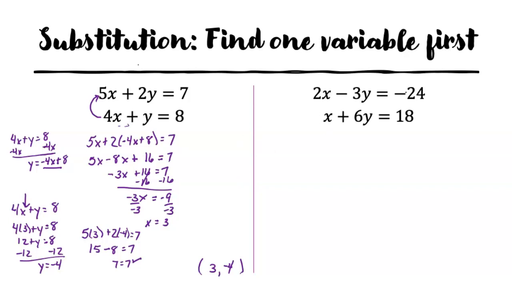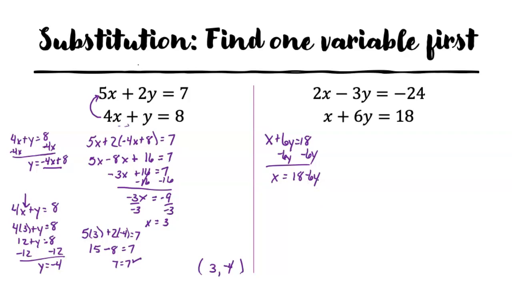All right, next one. 2x minus 3y equals negative 24. Yep, still in standard form, and I need a variable all by itself. Remember, coefficient of 1, if possible, and I have that right here. So I'm going to solve not for y this time, because the x has a coefficient of 1. So I'm going to subtract the 6y to the other side. And x is going to equal, now it doesn't matter which order you write these in. This isn't y equals mx plus b.